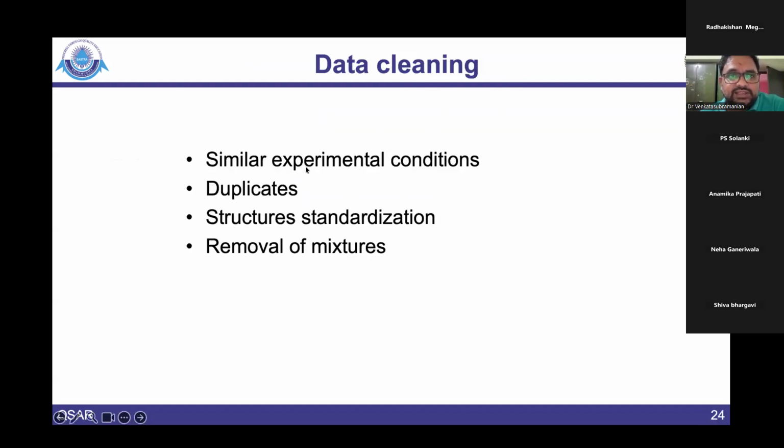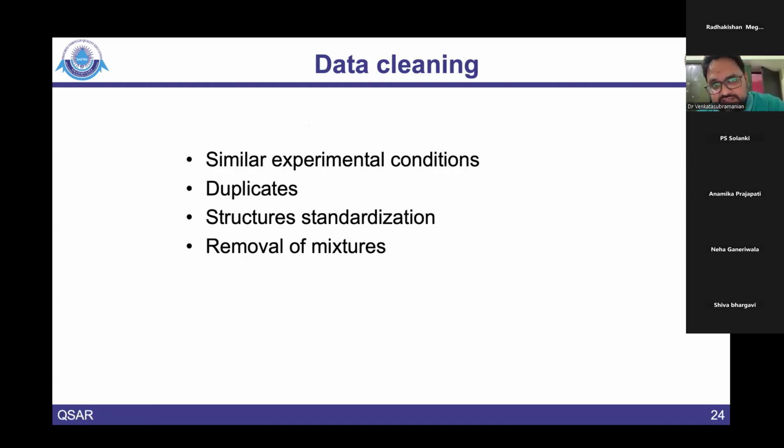Then data cleaning is about similar experimental conditions, which means that you should have all the experimental data. The activity measured should be under similar experimental conditions. If it is an assay, the assay conditions should be similar, because the activity varies based on the conditions. For example, if you're doing an IC50 value, it is dependent on enzyme concentration and substrate concentration and so on.